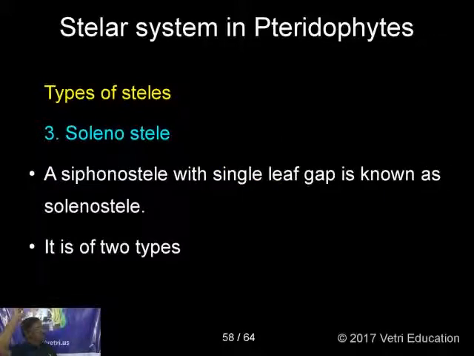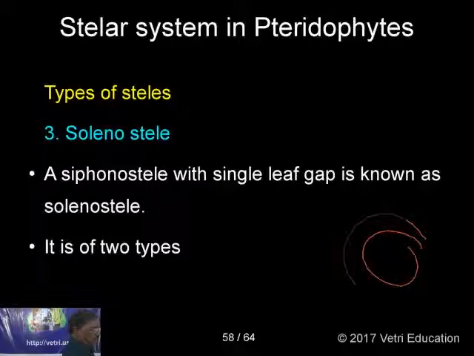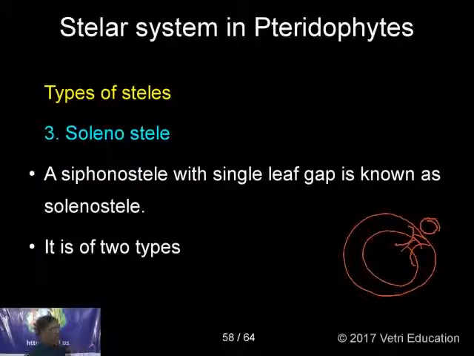The next one, the third one, is called solenostele. Solenostele is a siphonostele with a leaf gap. The siphonostele is there, but it is having a leaf gap. A cutting takes place in the xylem, and you can find this solenostele. This is of two types.